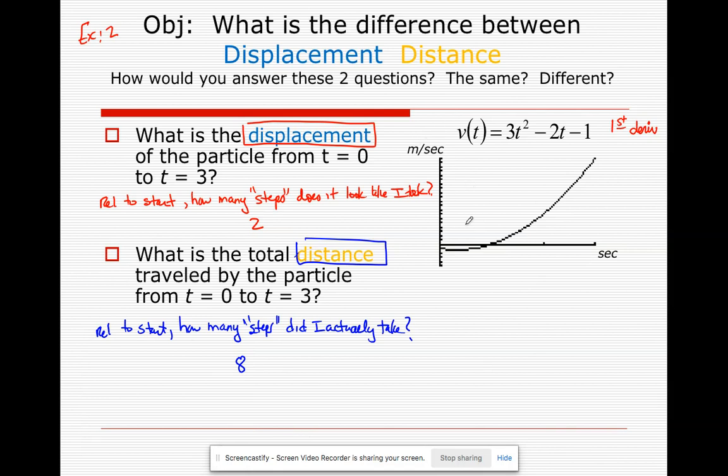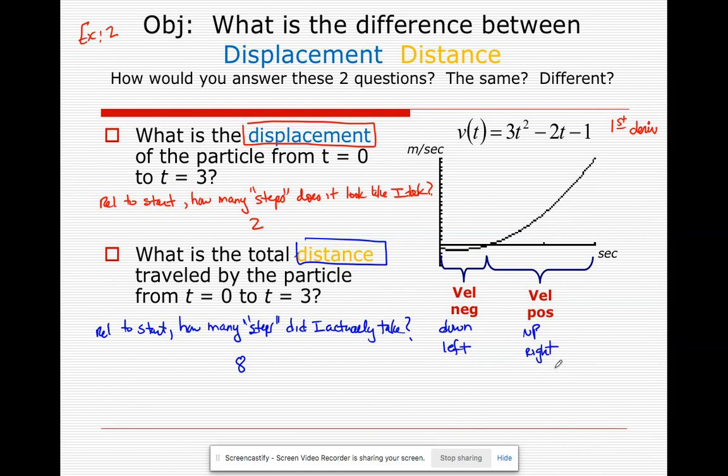So look at this velocity graph. Velocity is negative. When velocity is negative, it means your particle is either going down or left. That's what we've agreed negative direction is. When velocity is positive, your particle is going up or right.